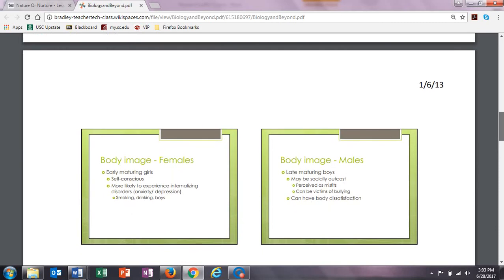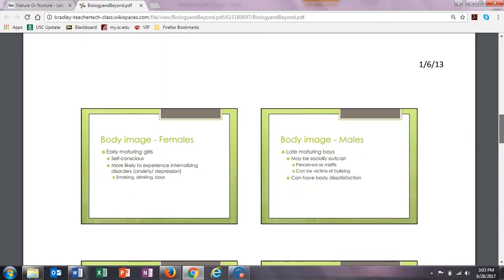Now, body image for females. Early maturing girls can be self-conscious because they look taller. They've got the female curves before their friends do, and so they can be self-conscious, and that can lead to some self-destructive behaviors. So we want to be sure to support these girls that are maturing very quickly.